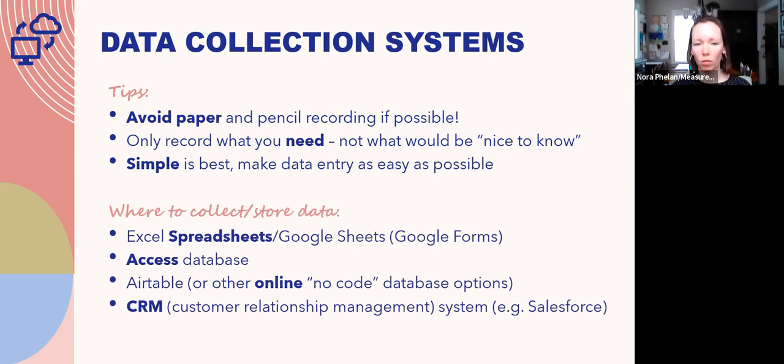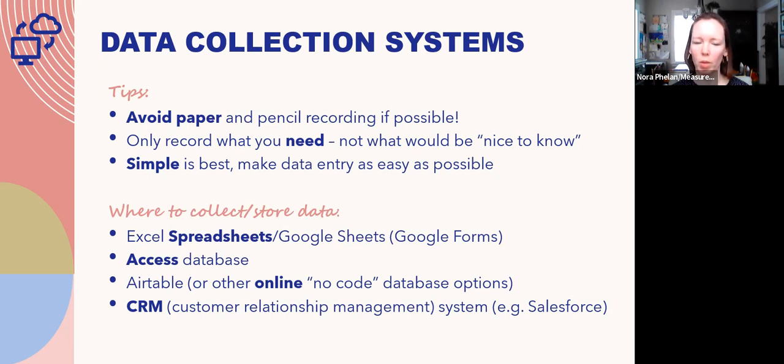And as far as where you can collect and store data, obviously Excel, trusty Excel, is always at the top of everyone's list. Also Google Sheets now, and Google Forms are excellent for doing surveys, because then the results go straight into a Google Sheet for analysis. They also can output some nice, off-the-shelf graphs for you. An Access database would be a step up, but that does require someone who has some knowledge of that program.